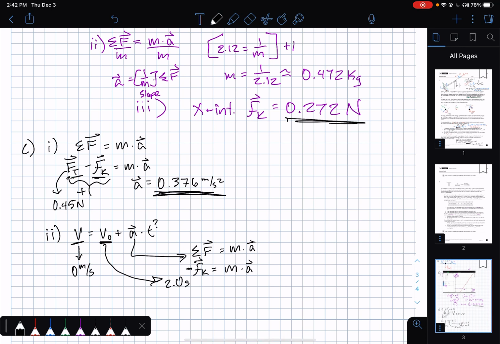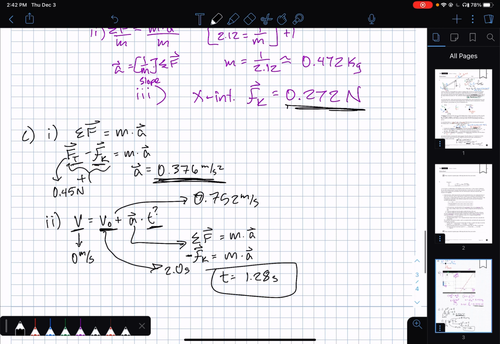So at 2 seconds of this acceleration, what's your velocity? But when you do that, you will get a time of about 1.28 seconds. This V initial is just double that acceleration. So that's 0.752 meters per second. And then you're solving for that time with this new acceleration.